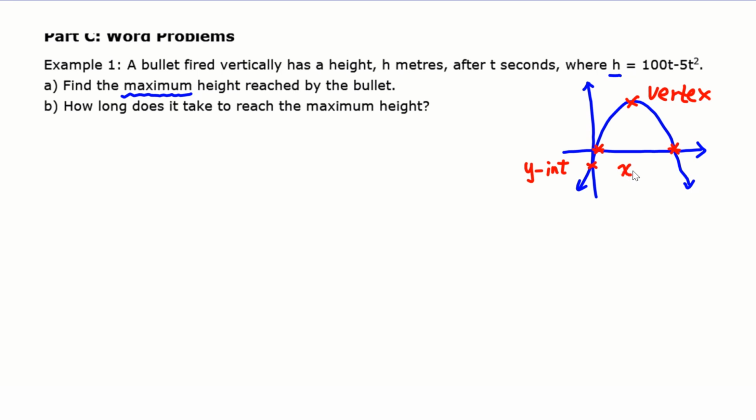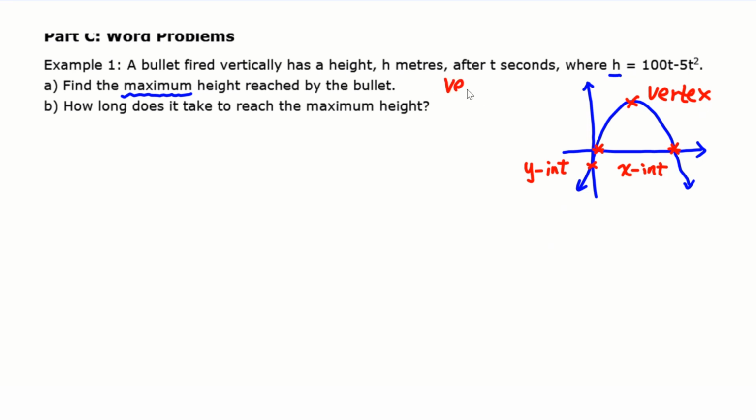So these 3 different types of points are the points you are looking for. So for each question, you need to ask yourself, which point am I looking for? So for this one, you have keyword maximum, minimum, then it's vertex.